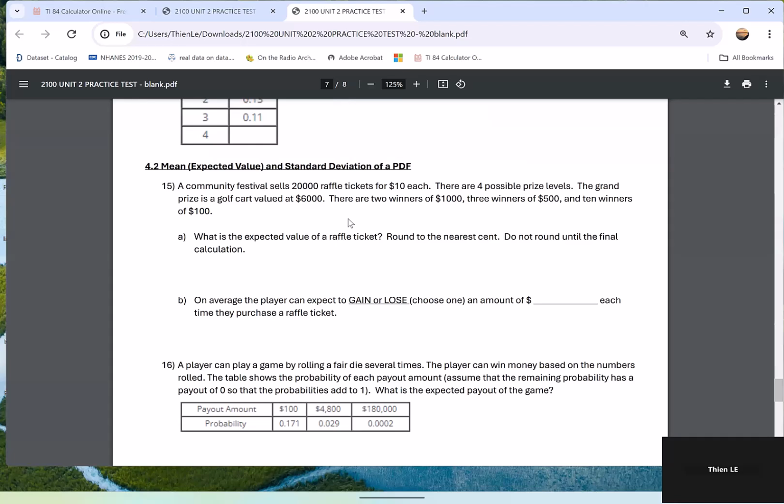So from that, you can calculate expected value by plugging in sigma x times p(x). So just 5,990 times 1 out of 20,000, plus 990 times 2 out of 20,000, plus 490 times 3 out of 20,000, plus 90 times 10 out of 20,000, plus negative 10 times 19,984 out of 20,000.